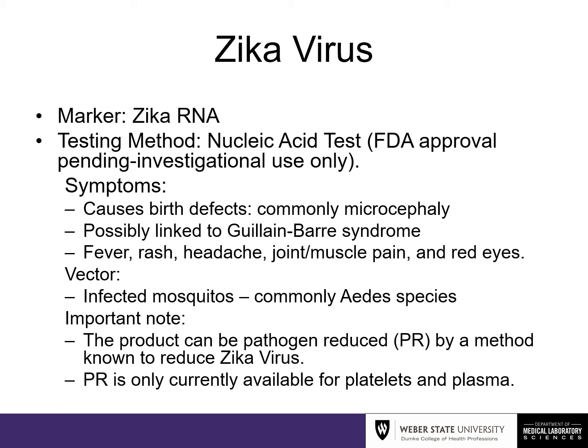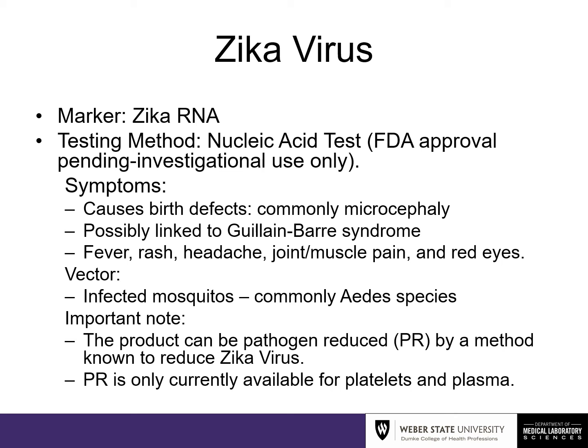All right, focusing on the symptoms of Zika virus. We want to focus on one main point. It causes birth defects. So this is commonly associated with microcephaly. For those that don't know what it is, it's when a baby's head is smaller compared to other babies of the same age and sex.